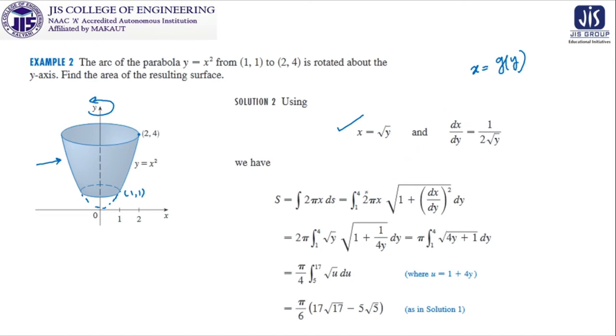So we need 2 pi x root over 1 plus (dx/dy) whole square, then dy. So we are going to differentiate this with respect to y. So dx/dy will be, it is as simple as that, because root over y is nothing but y to the power half. So if you differentiate it, you will get half y to the power half minus 1, that is minus half, and this y to the power minus half can be written as 1 by root over y. So it is written as this.